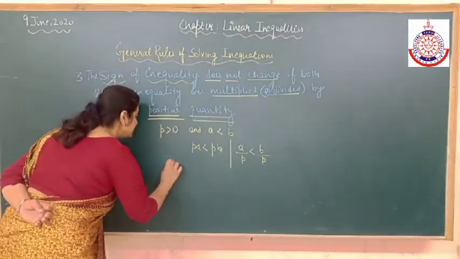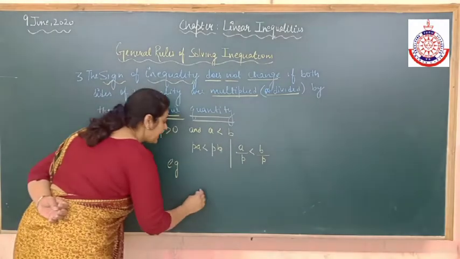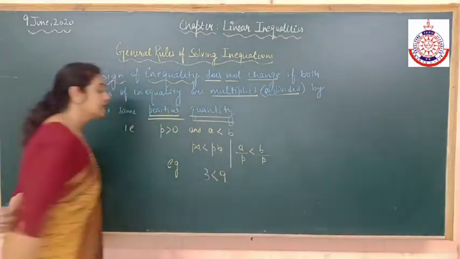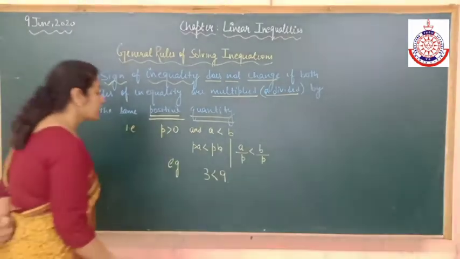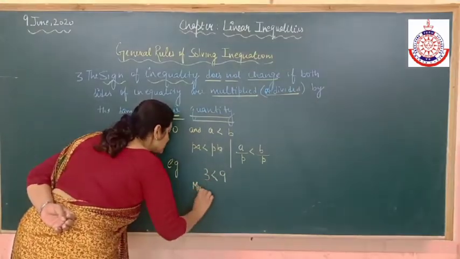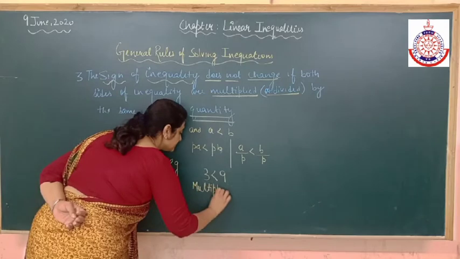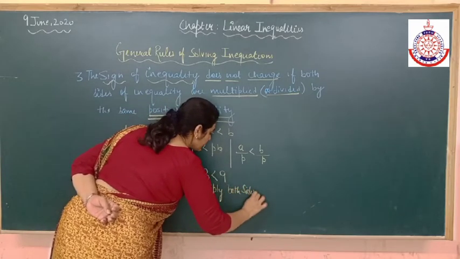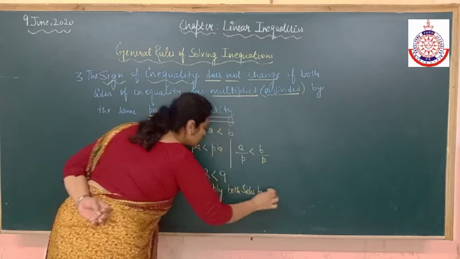For example, I have 3 less than 9. What I am doing is multiplying both sides by, say, 2.